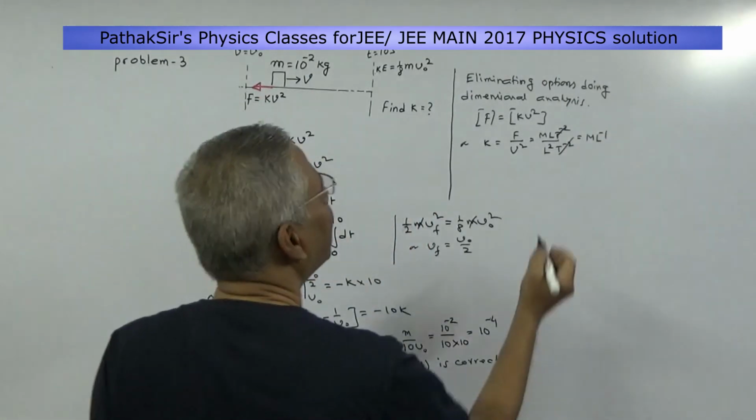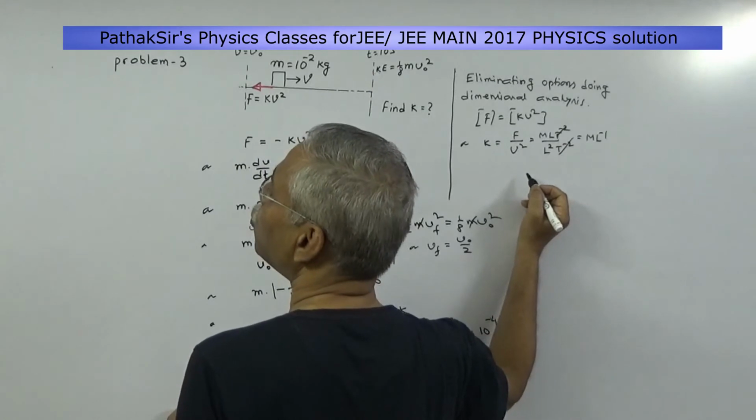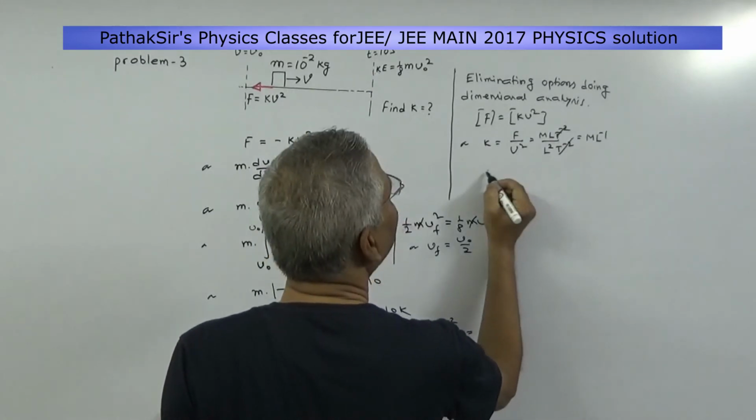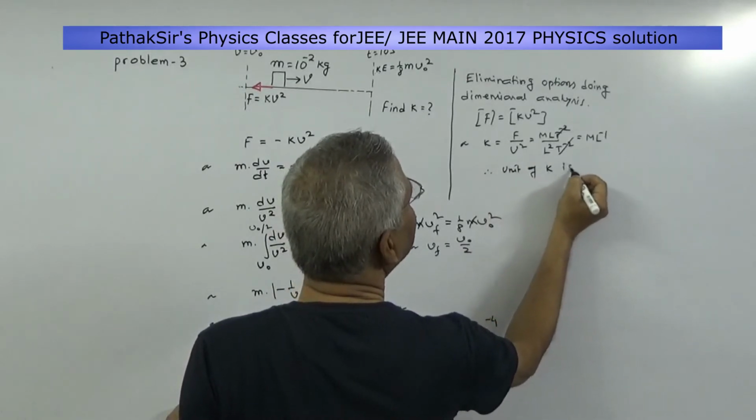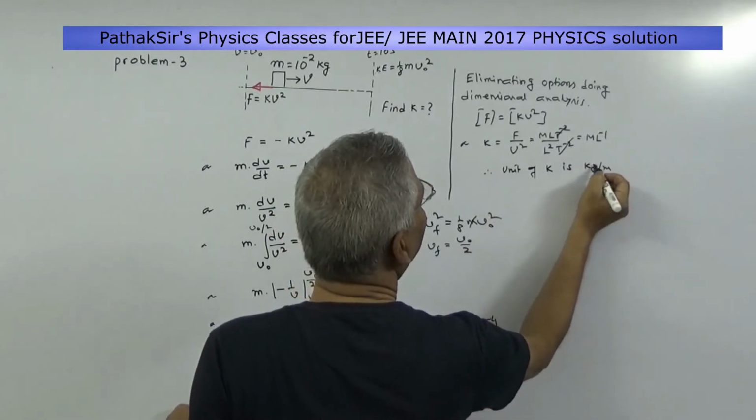So kg per meter. Two options have kg per meter. Hence the unit of K is kg per meter.